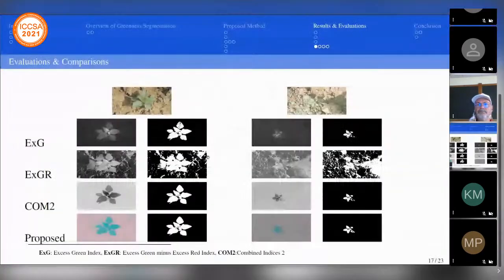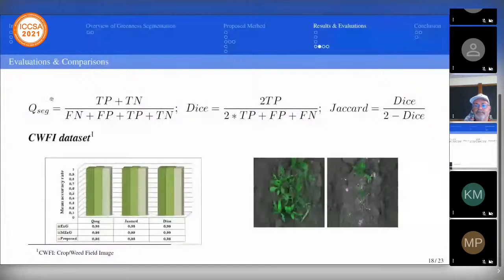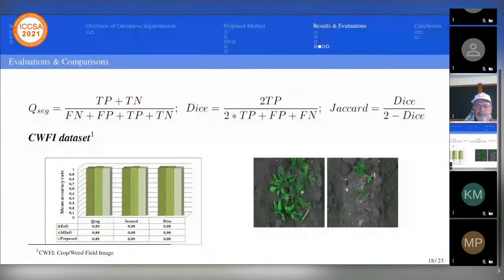For the evaluation issue, we have used three measures to evaluate the performance of our model: accuracy, Dice, and Jaccard measures. Firstly, we evaluate the three methods on a database named crop with field image, which was acquired in controllable light conditions.